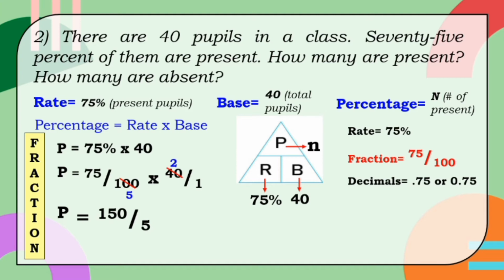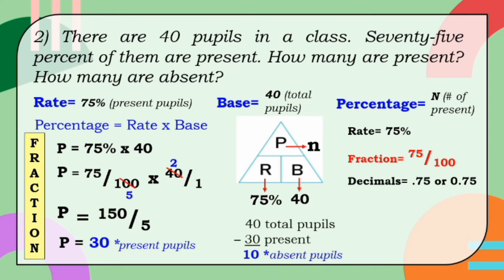So, P equals 150 over 5. 150 divided by 5, percentage equals 30 present pupils. The next question is how many are absent? 40 total pupils minus 30 present. The difference is 10 absent pupils.